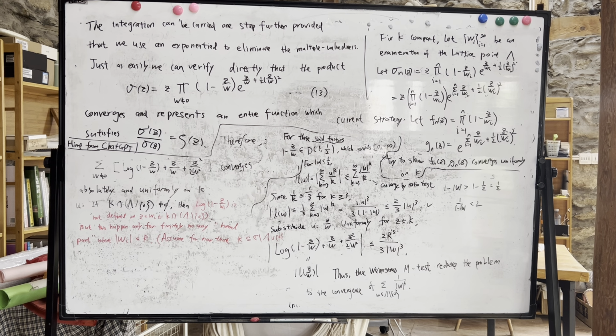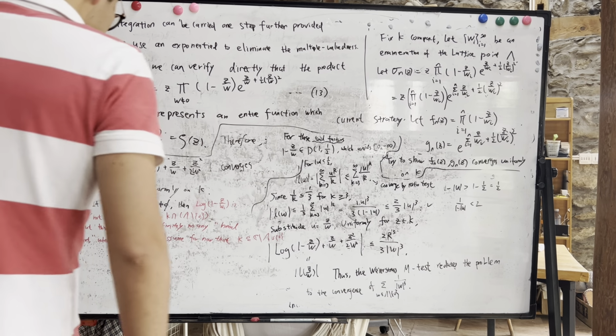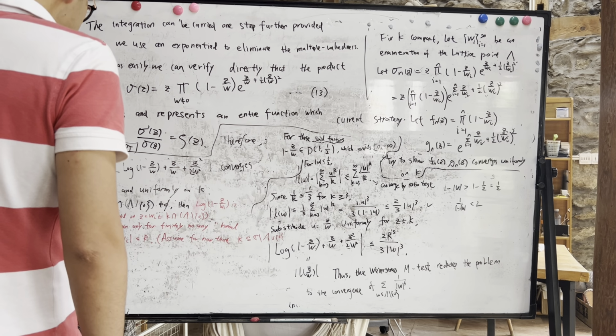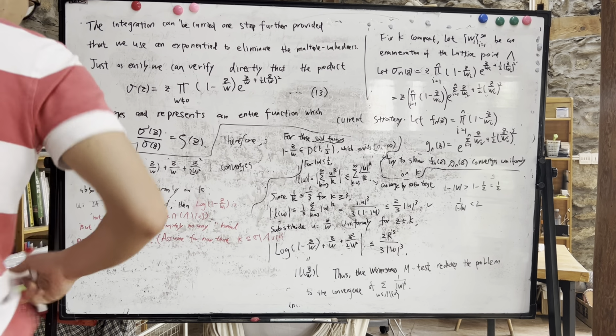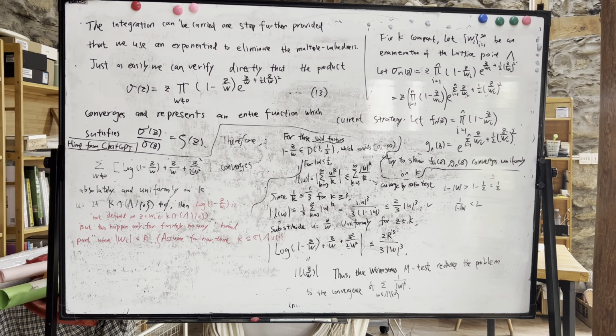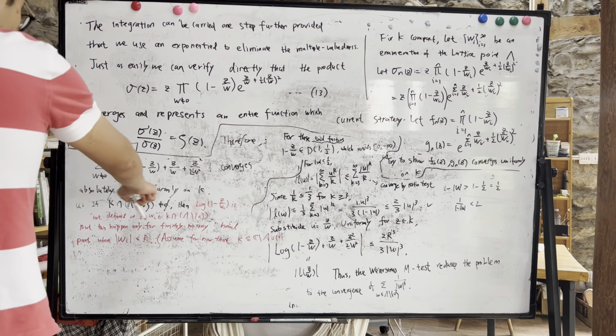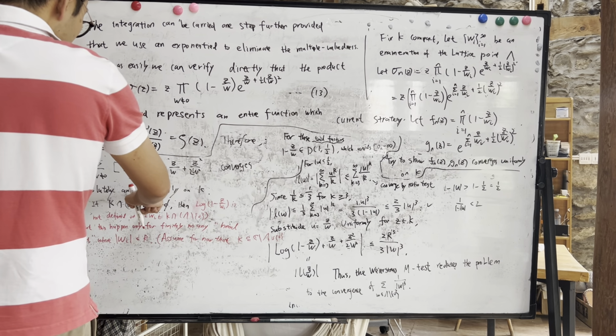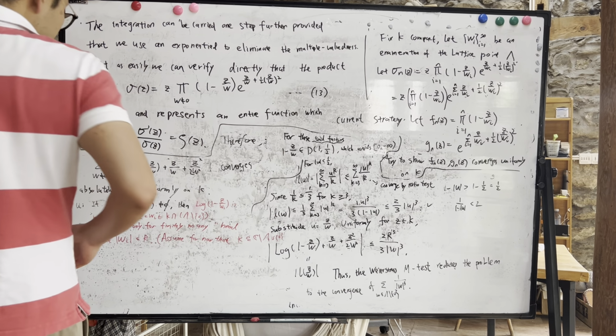Okay, so let's see what's going on for now. Will we encounter any issue? So then it gives us the absolute and uniform convergence on K, by the Weierstrass M test.